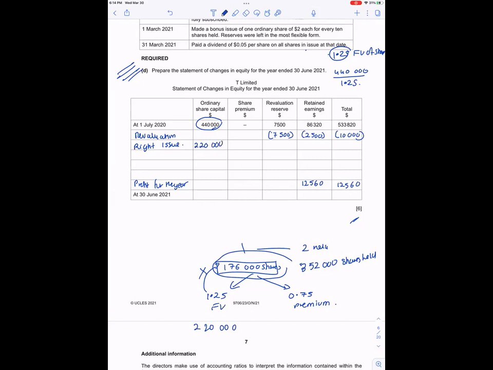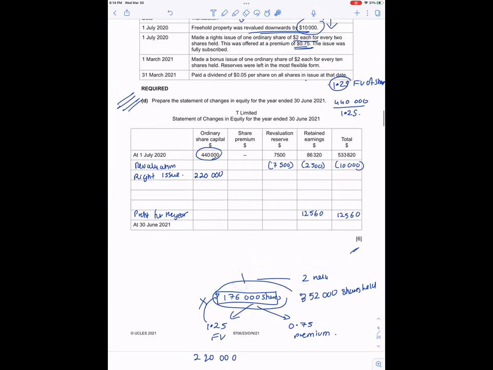Miss, how would you get 352,000? Issue one share for every two held. The rights issue was made at 2, which included a premium of 0.75. That means the face value of every share is 1.25. I had ordinary share capital of 440,000.